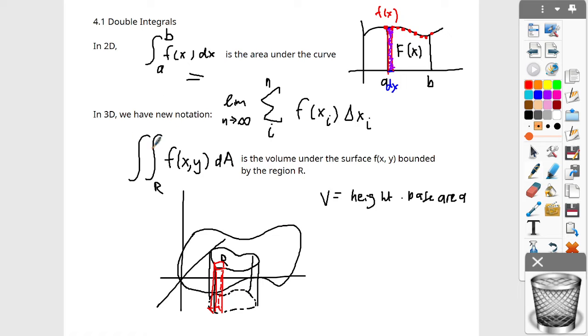So what this is saying is the double integral in the region R, double because there are 2 dimensions, of f of x, y, the height of the function, times dA, the base area of each small piece, will give you the exact volume under the surface f of x, y.